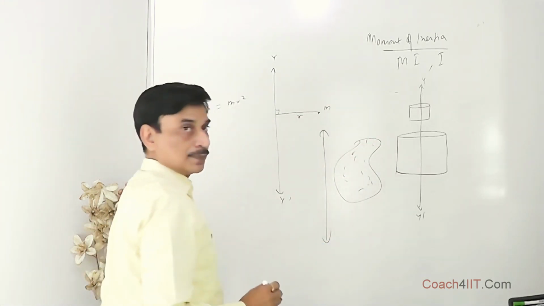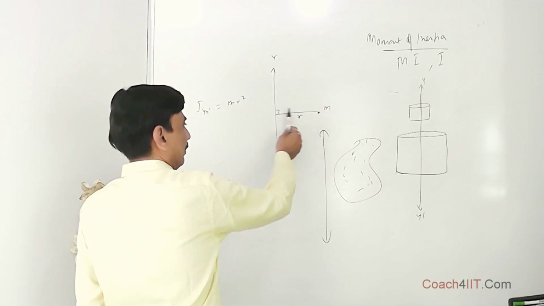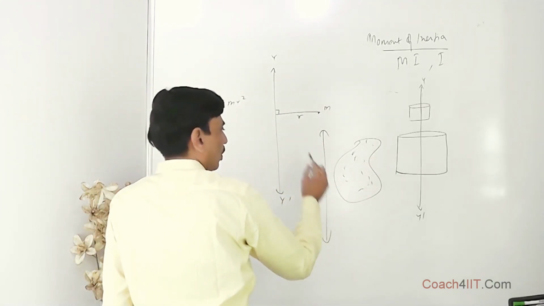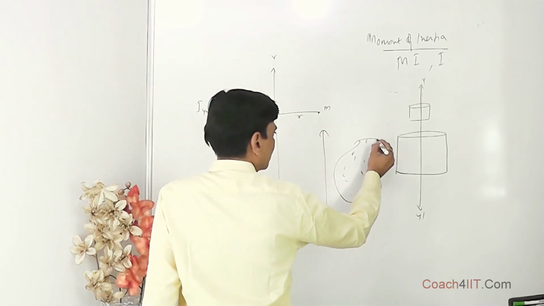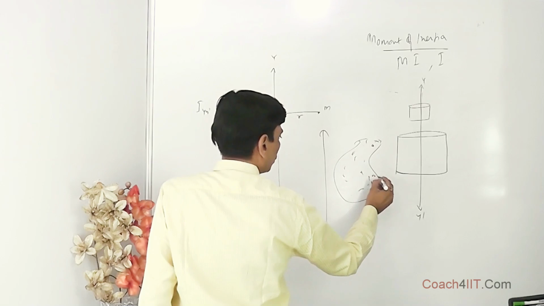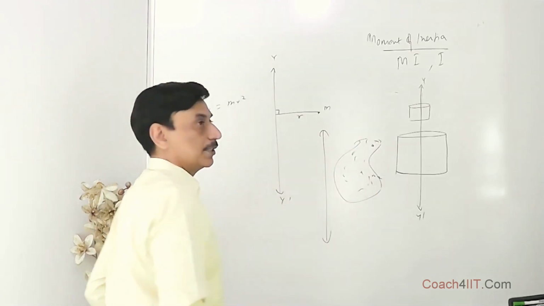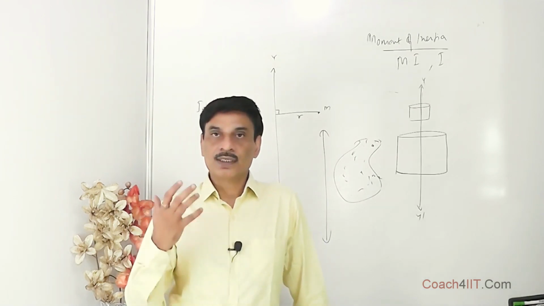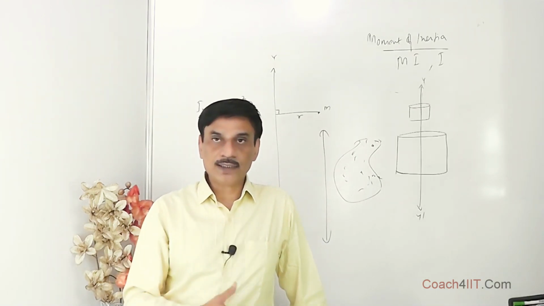The moment of inertia of a particle is m r square. Similarly, for this continuous body, we can break it into small pieces, m1, m2, m3, or dm, and find through integration the moment of inertia of the whole body about this axis. We'll come to that.